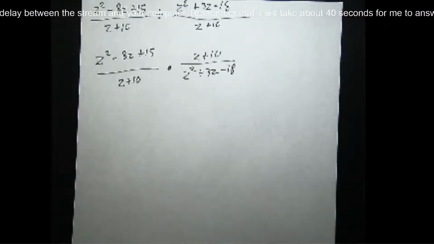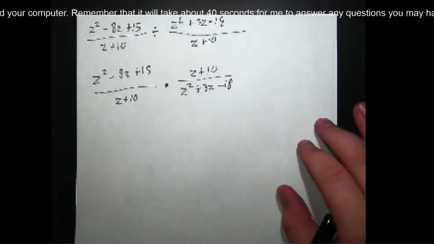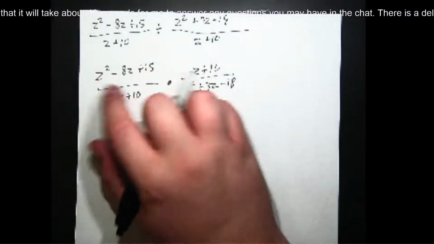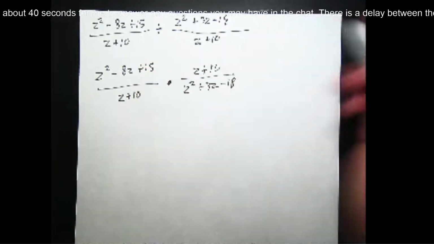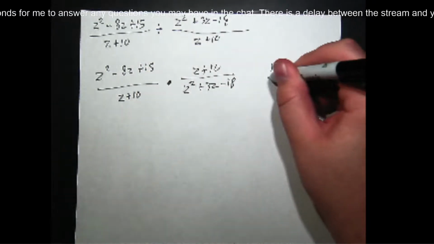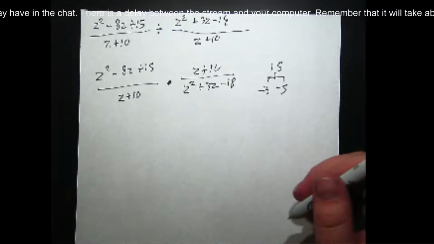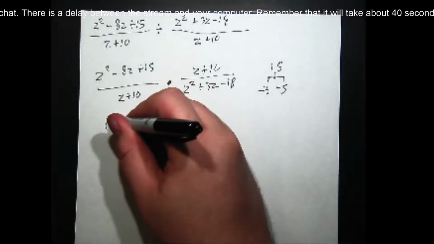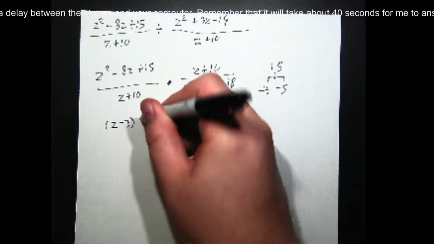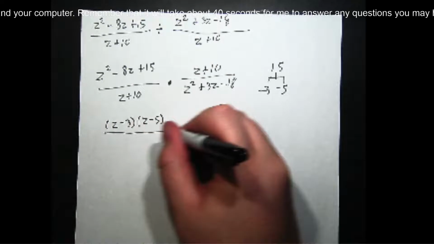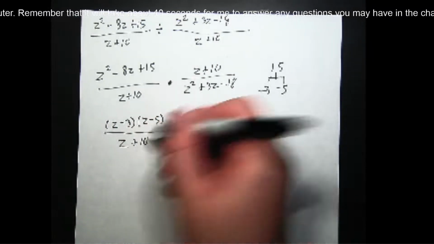So now let's go ahead and factor things and then see what we can cancel out. So z squared minus 8z plus 15. I can say there's an AC of 15 here. Factors of 15 are like 3 and 5. If I make both of those negative, I get that negative 8 I'm looking for. So using the shortcut method, the top part is z minus 3 times z minus 5. That's still over z plus 10.